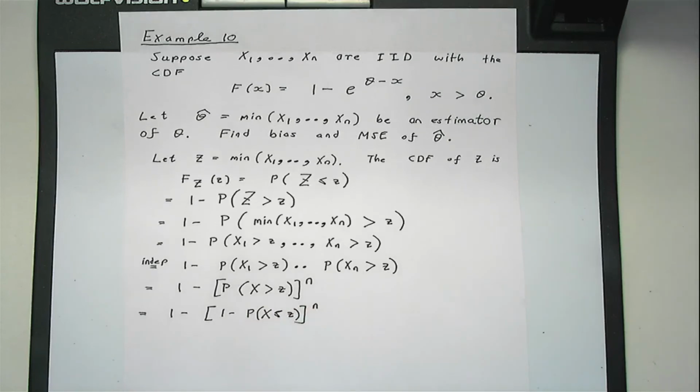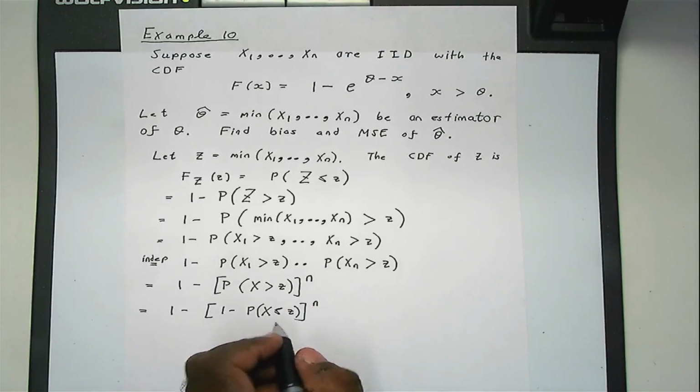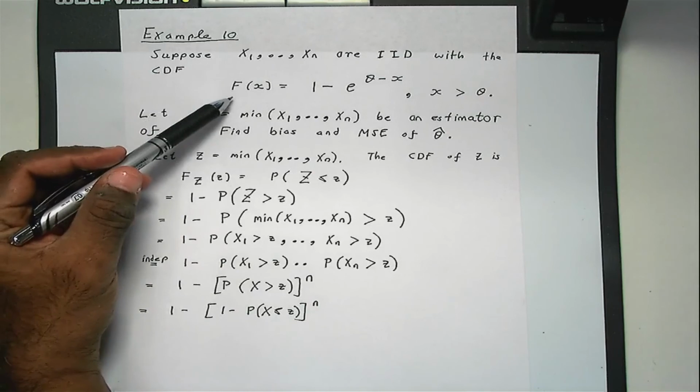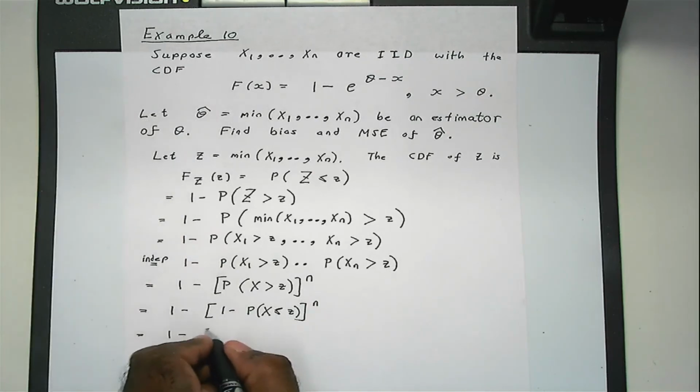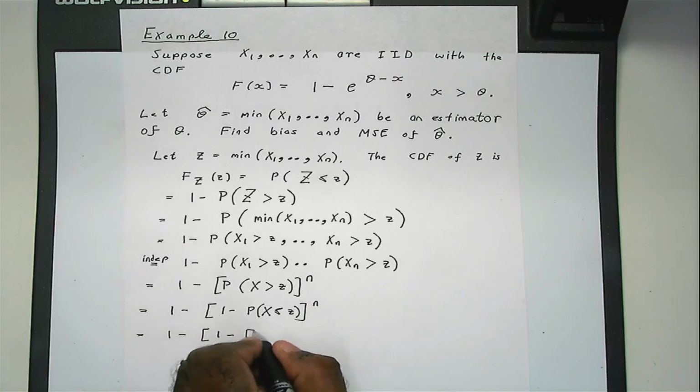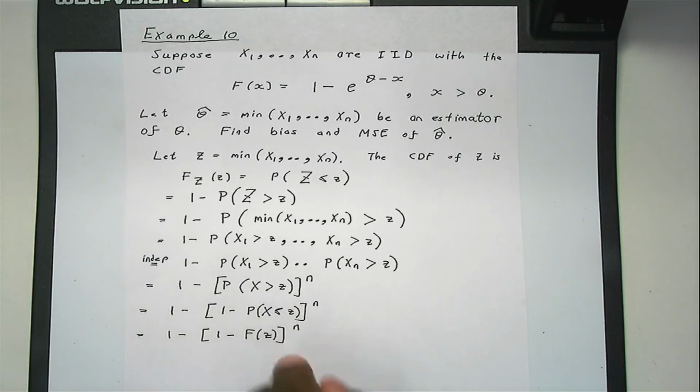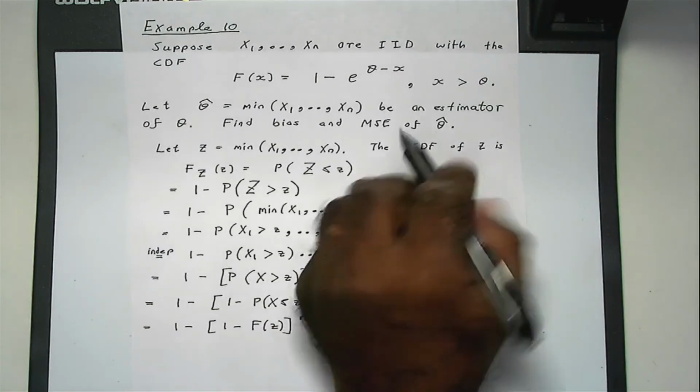Now this is your CDF, capital F. So this is simply 1 minus capital F at z, power n, which is given as equal to this.